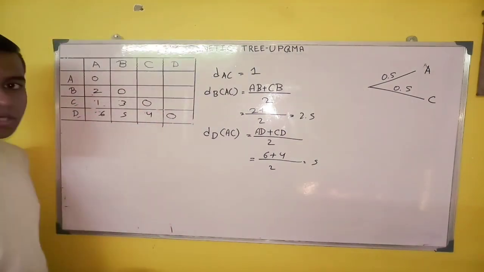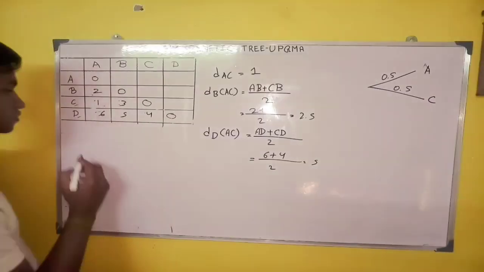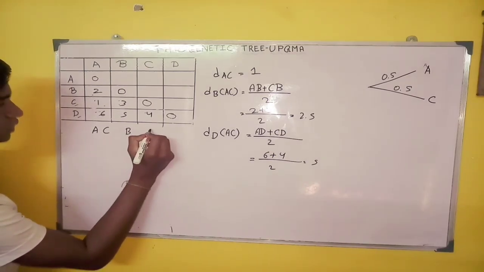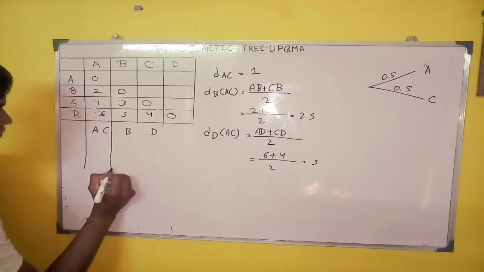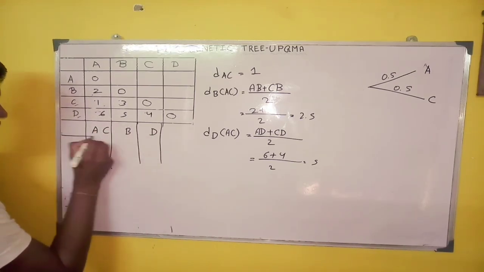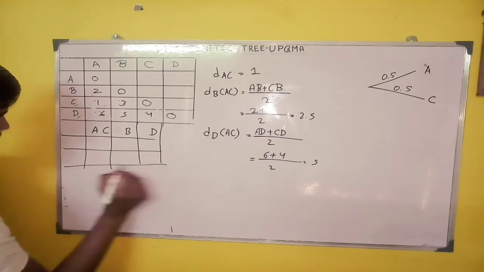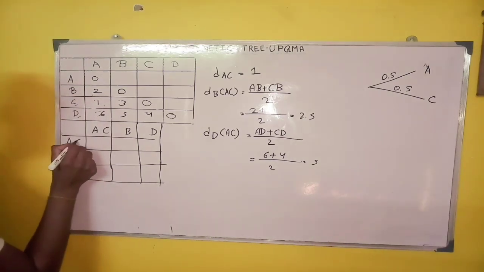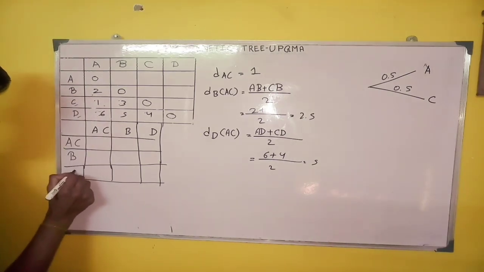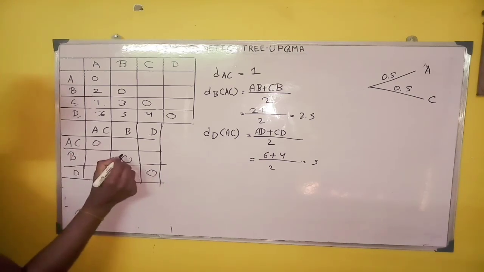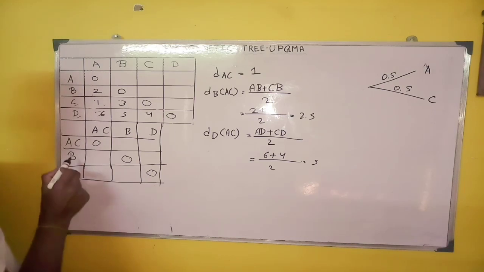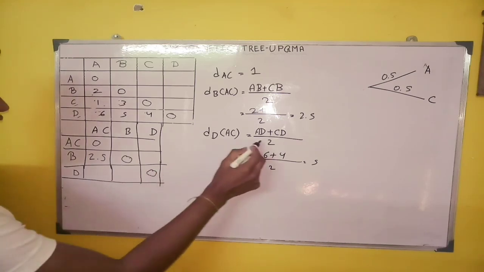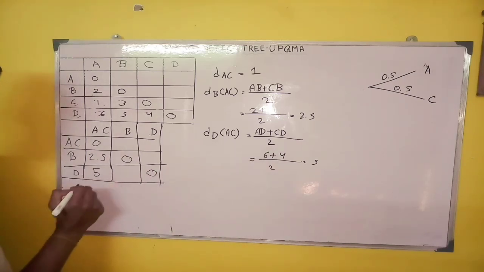Now guys, we will create our next table from this calculation. It is A, C and also B and also D. It will be 0, 0, 0, and the distance of B in respect of AC is actually 2.5, and the distance of D in respect of AC is actually 5.